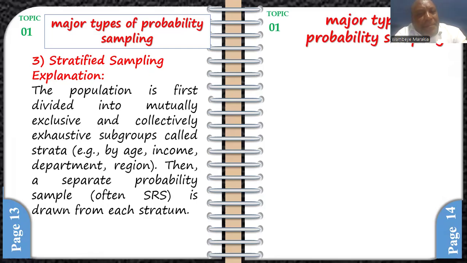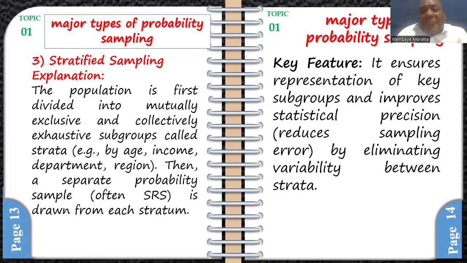A separate probability sample, often a simple random sample, is drawn from each stratum. The key feature of stratified sampling is that it ensures representation of the key subgroups and improves statistical precision. It means that it reduces sampling error by eliminating variability between the strata.